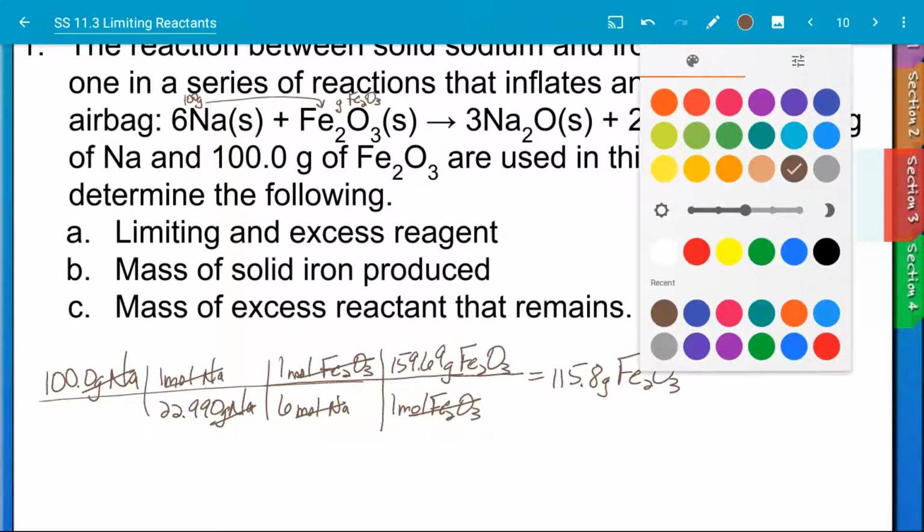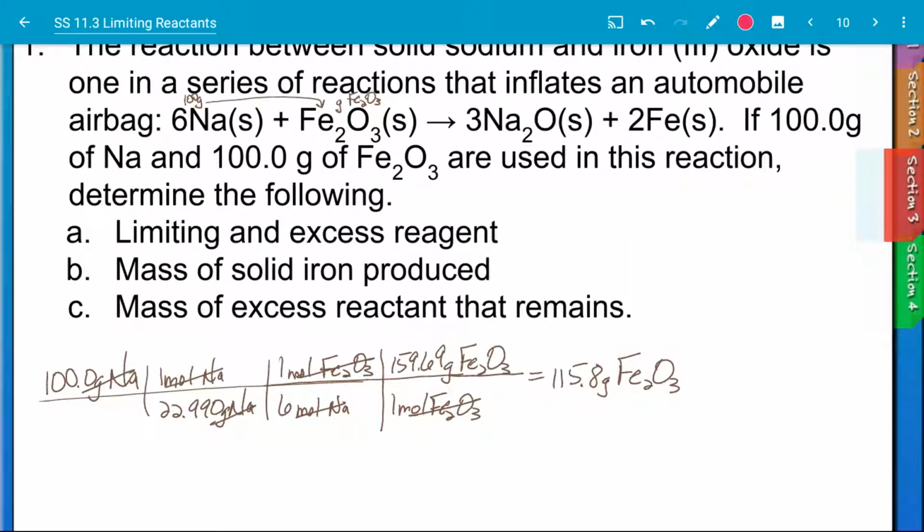Now I know that I only have 100 grams of iron 3 oxide. And if I react all my sodium, I will need 115 grams, but I only have 100 grams. So that means that I will run out of iron 3 oxide before I run out of sodium.